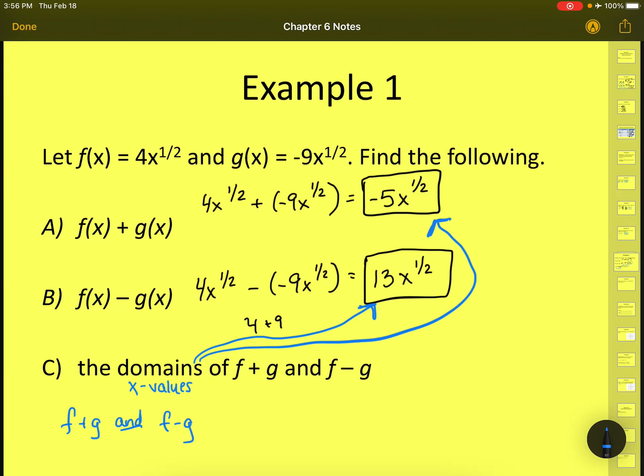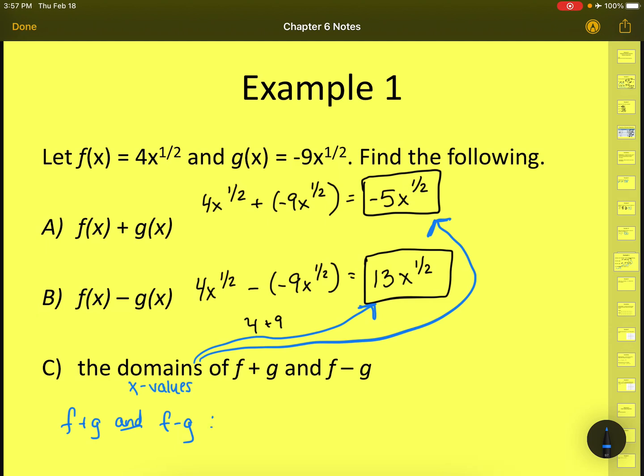Well, let's see if we plug in 0. Well, negative 5 times 0 to the 1/2, that still gets you 0. Same thing with 13 times 0 to the 1/2, that's just 0. So I can plug in 0. What about any positive numbers like 13 or 2? Okay, if you plug any of those positive x values in, you're going to get normal y values back out.